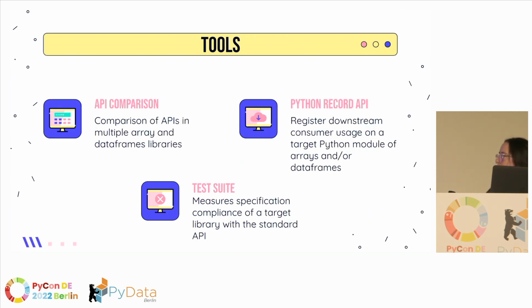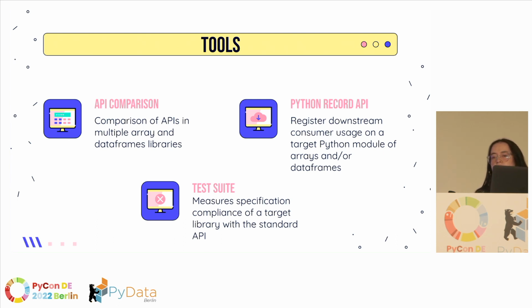And more than that, we are also working on tools that will help not just create these APIs, but also maintain them, and help users and downstream libraries know where all the libraries are at. So the first thing that we have is the API comparison.